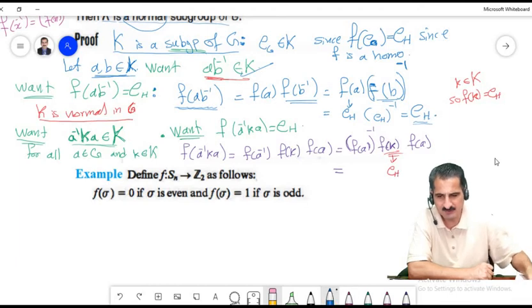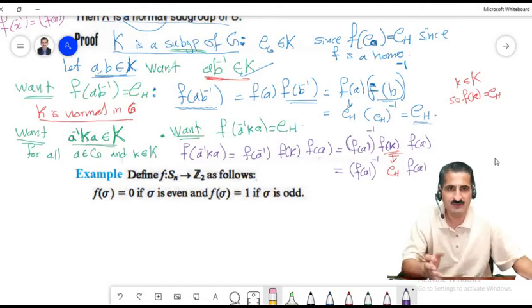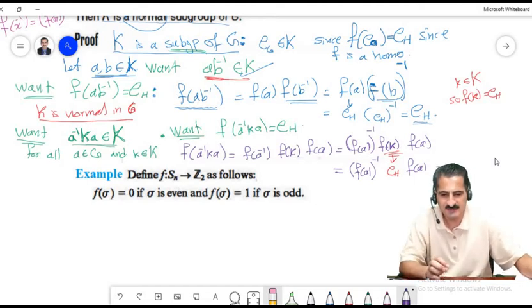Now what we have here is f of a inverse times the identity times f of a. So we have the inverse of f of a times f of a itself.